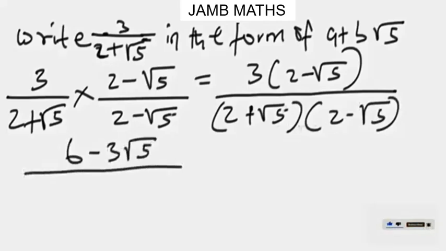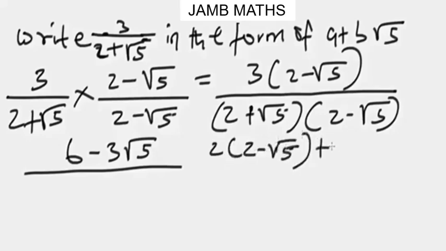Now let's simplify this multiplication of algebra involving 2 brackets. The 2 will multiply 2 minus root 5, and the root 5 will also multiply 2 minus root 5.